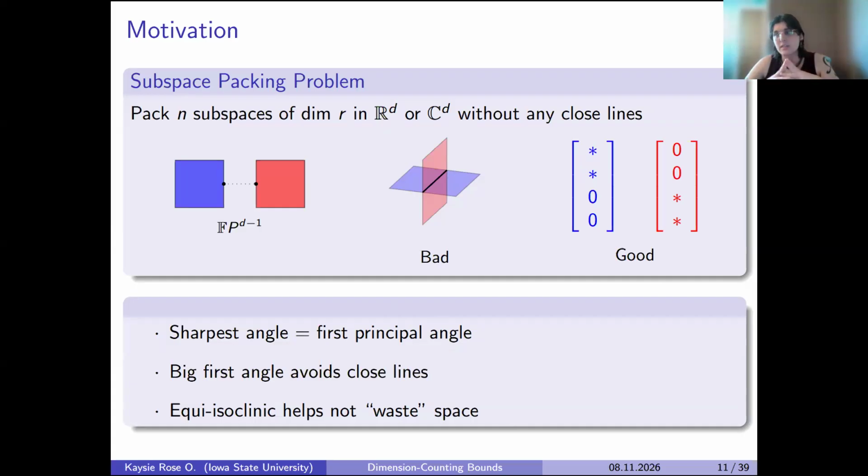Because if you're not equi-isoclinic, then you're kind of wasting space, right? If your first angle is pi over 100 and your last angle is like pi over 2, then maybe you could have wiggled a little bit to be a little bit more productive. So equi-isoclinic is useful in this scenario.